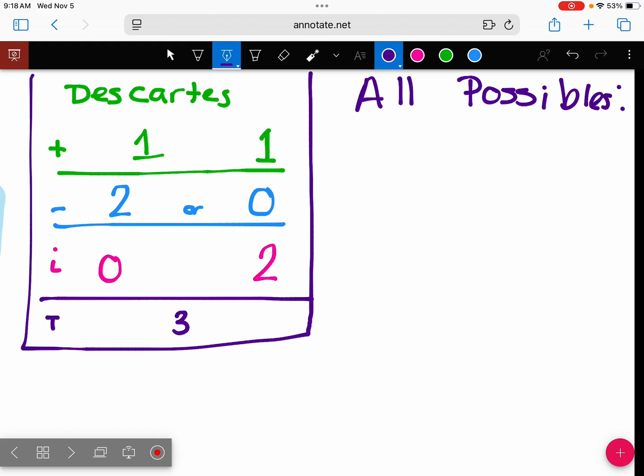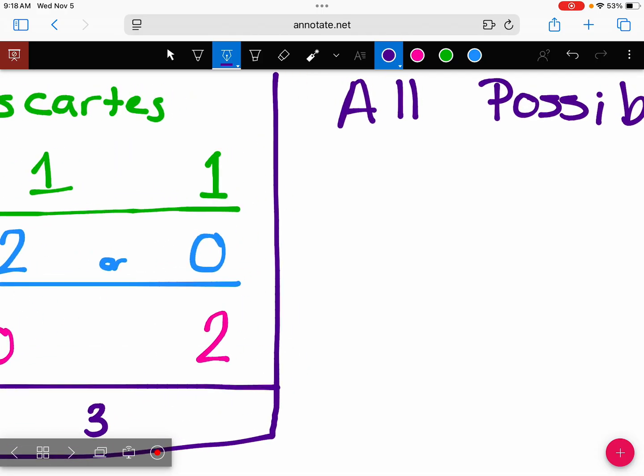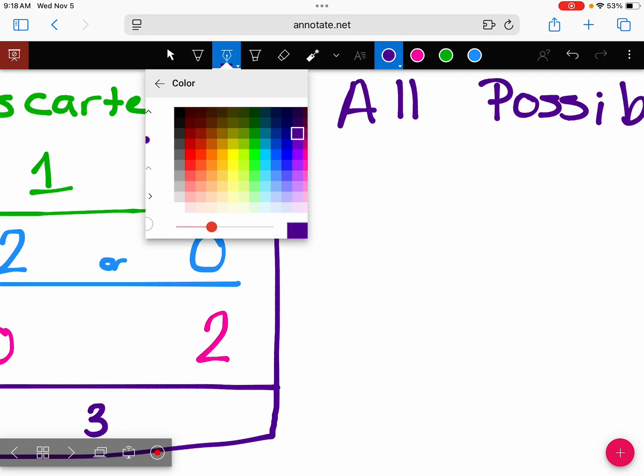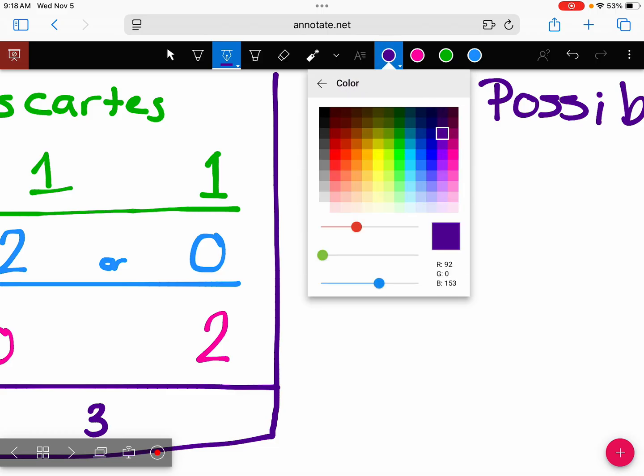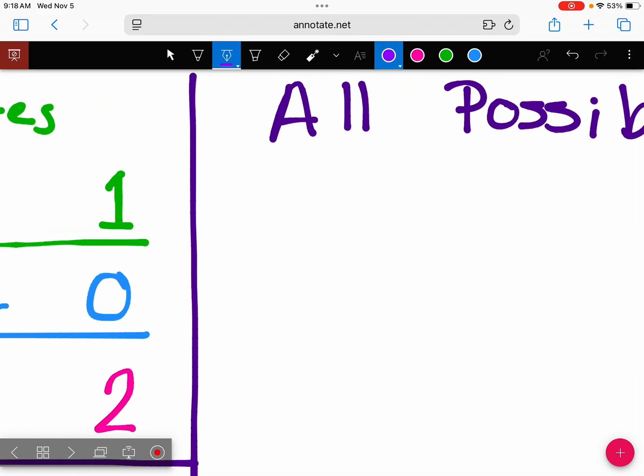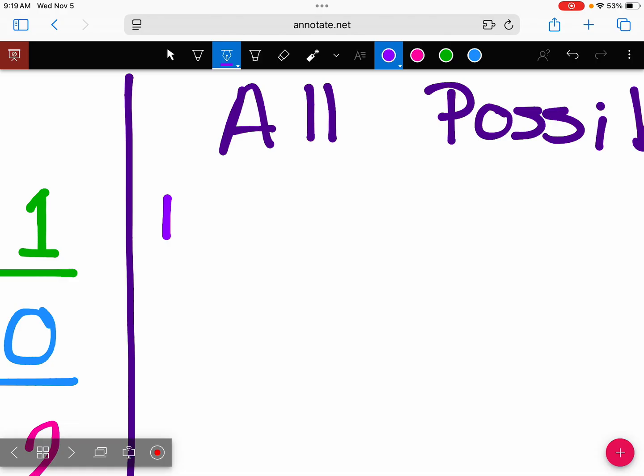That's where we do our factors of our constant and our factors of our leading coefficient. So our constant here is that 2. So factors of 2 are going to be just 1 and 2.